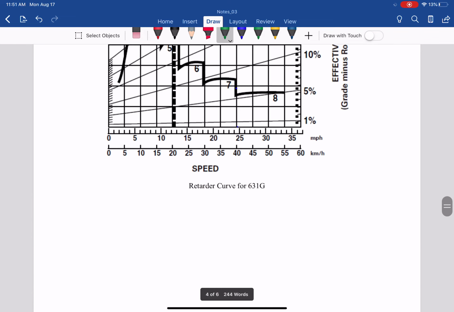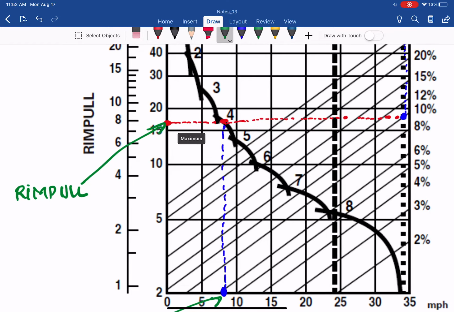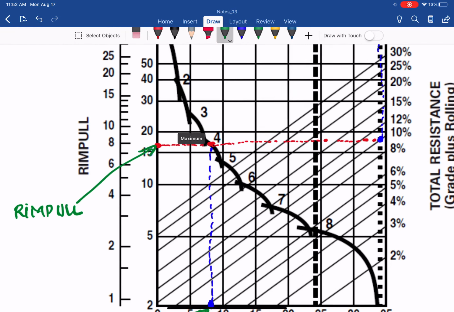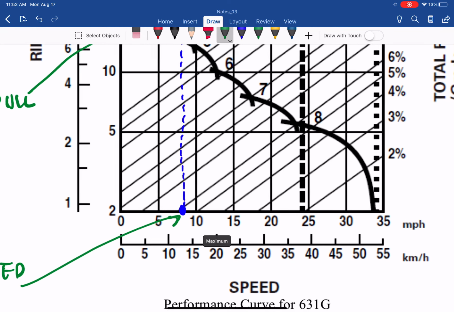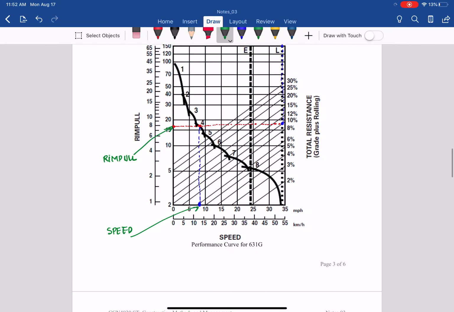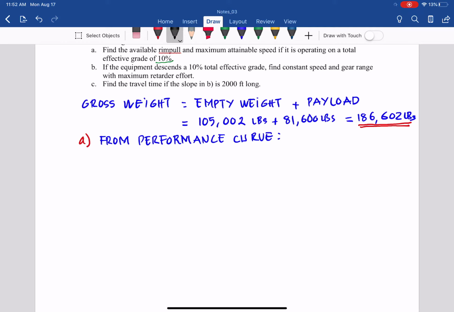So with that, we can see for the rim pull, it's between 15 and 20, so it's about 17,000 pounds, and speed between 5 and 10, close to 10, so I just say 8 miles per hour, the unit there. So from that, we can write down here for A: rim pull equal to 17,000 pounds.